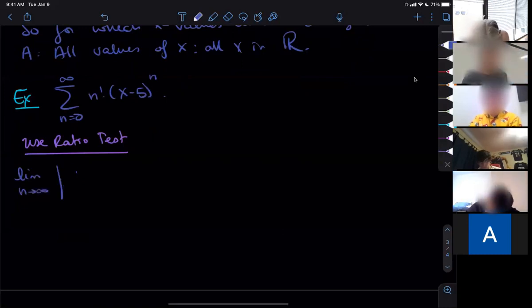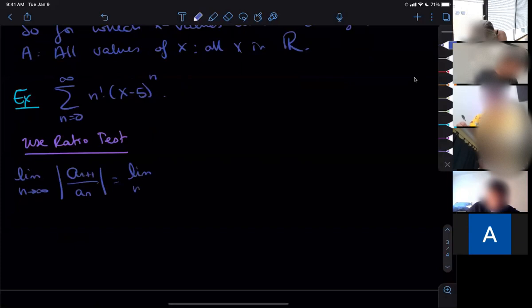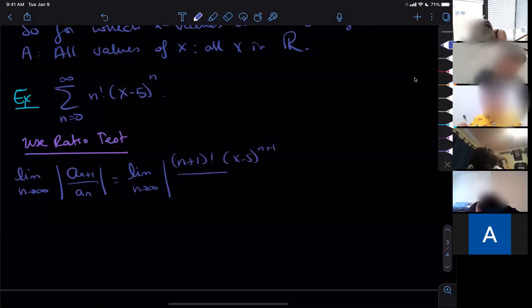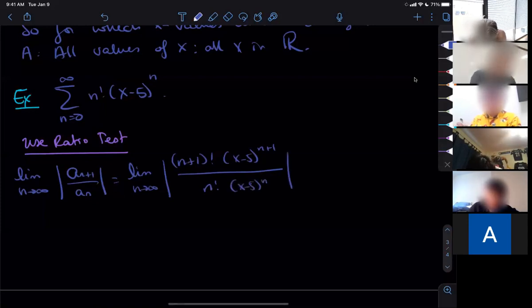So I want a sub n plus 1 over a sub n. A sub n plus 1 is just (n plus 1) factorial times (x minus 5) to the n plus 1 power. A sub n is n factorial times (x minus 5) to the nth power.